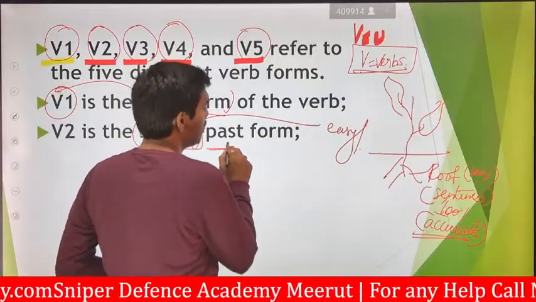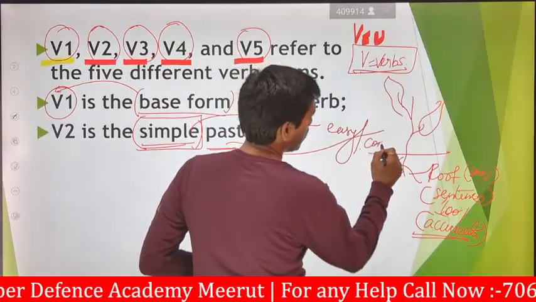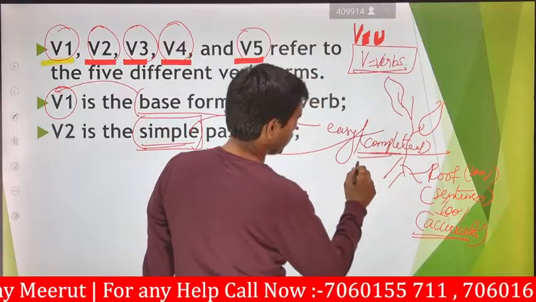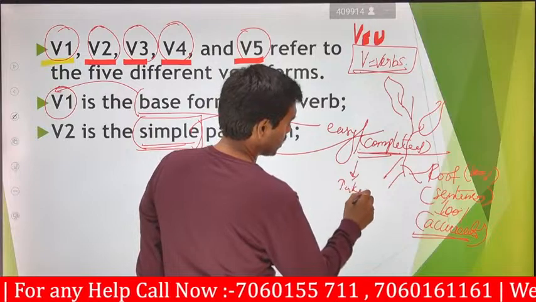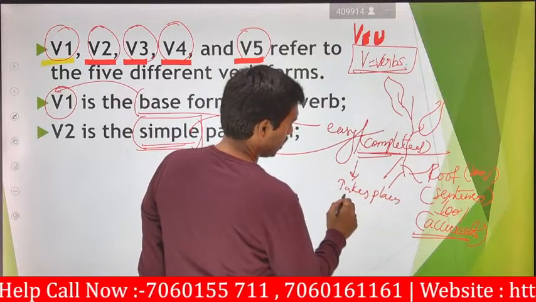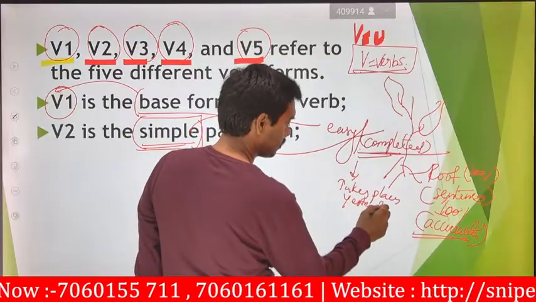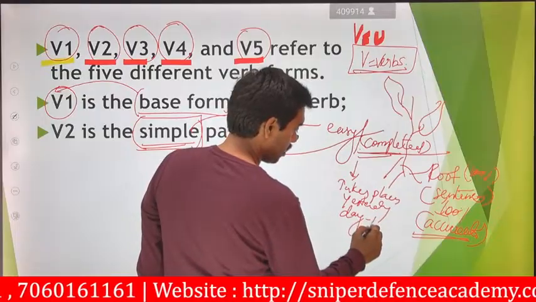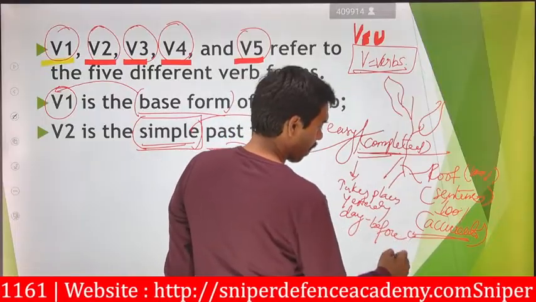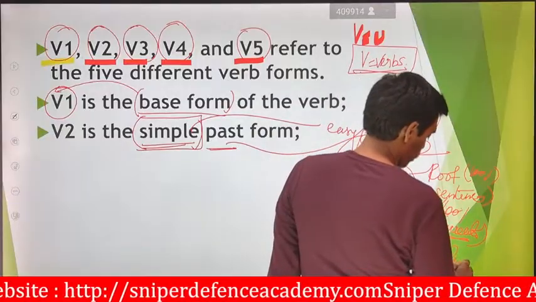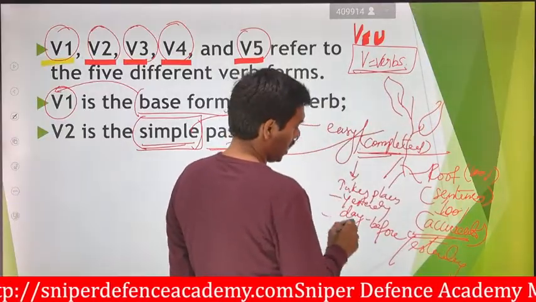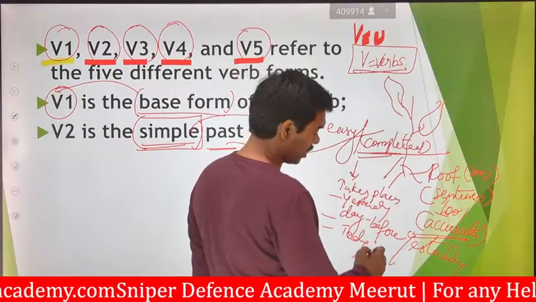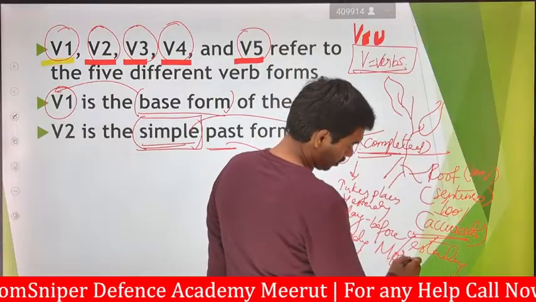Past means it has been completed. The work has taken place yesterday, the day before yesterday, or today morning. Today is evening now, so we can say today morning.